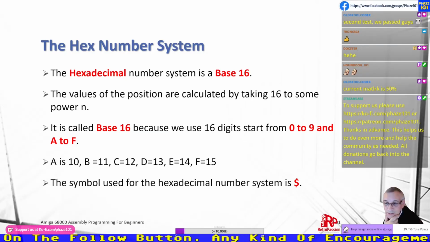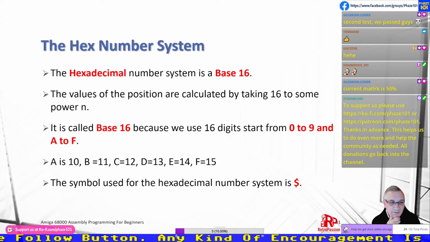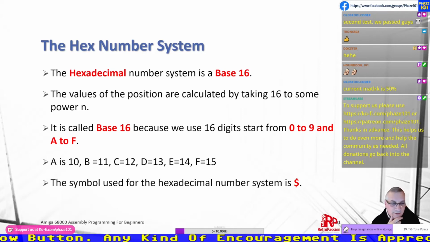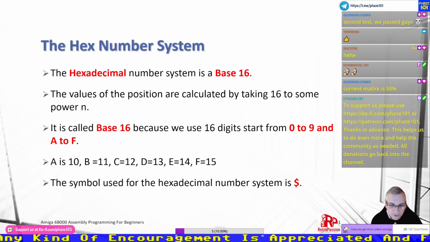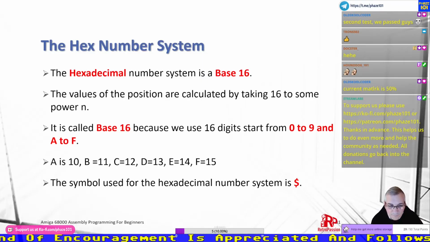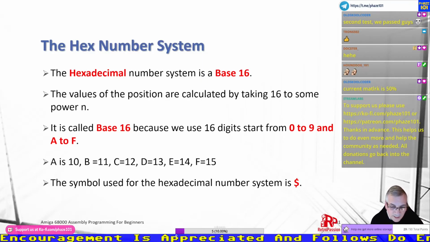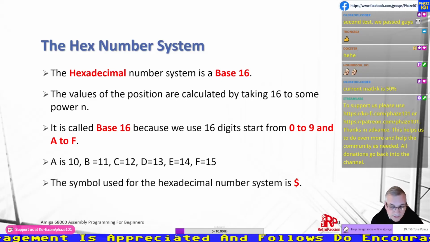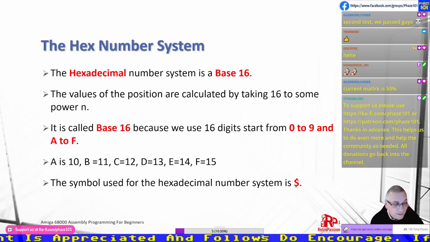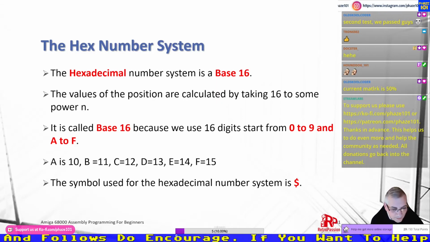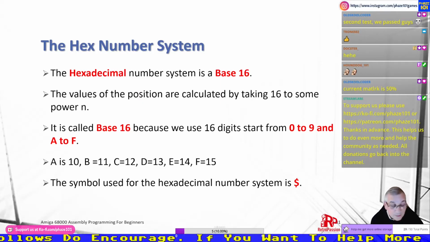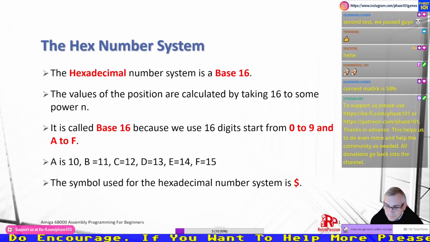So the normal ones, 0 to 9, and then A to F. So A is 10, B is 11, C is 12, D is 13, E is 14, F is 15. The symbol used for the hexadecimal number system is the $ sign. Again, I'm mentioning it because in 6502 and 68000 it is the same, but not in 8086.